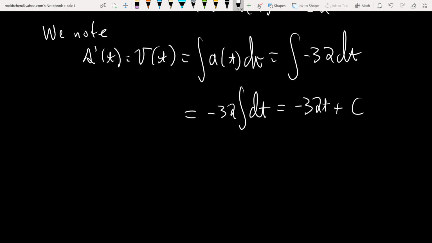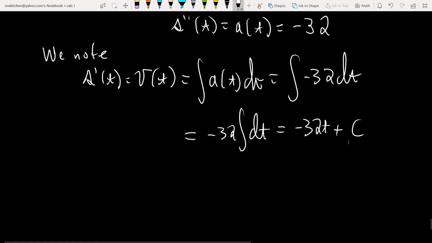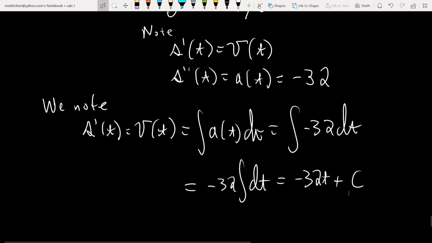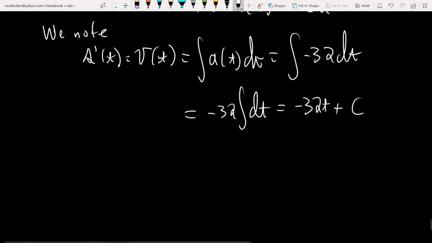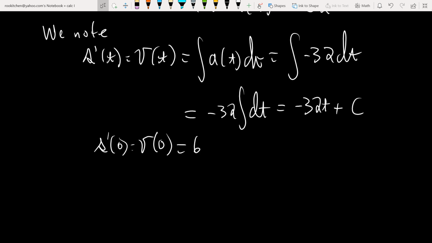Okay. Then we could use our initial velocity to figure out what c is. Okay, so we use initial conditions to figure out the constants. So our initial velocity was 64. Okay. So s prime of 0, which of course is v of 0, is 64.